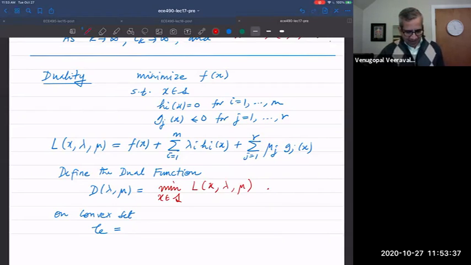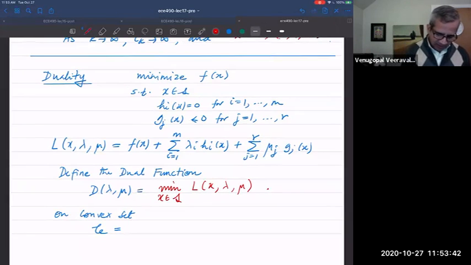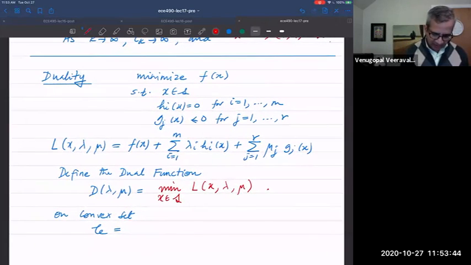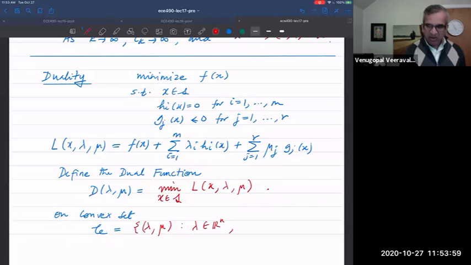Okay, and of course this function is defined on the set of lambda, mu, because we want our multipliers to be valid multipliers. So lambda can be anything in R^n, but we require the mus to be non-negative. And this is a convex set.